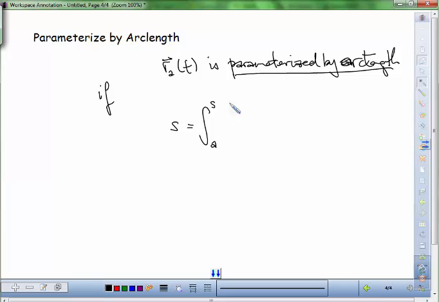This is kind of shaky here. Oh, that a, I know I shouldn't have used a. Let's put a dot there. So it's parameterized by arc length if this top limit over here is actually the arc length, measuring the arc length as you go along this parameterization.